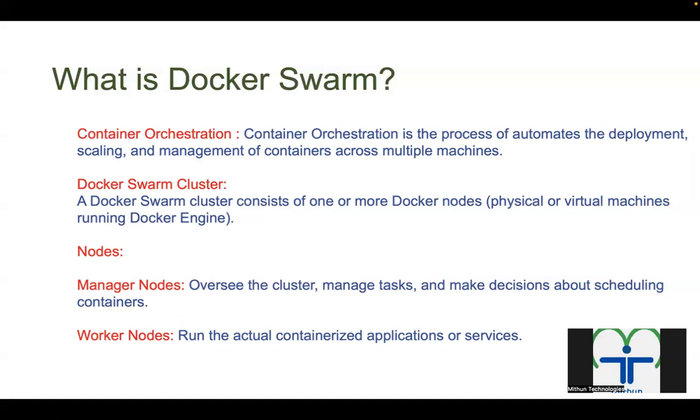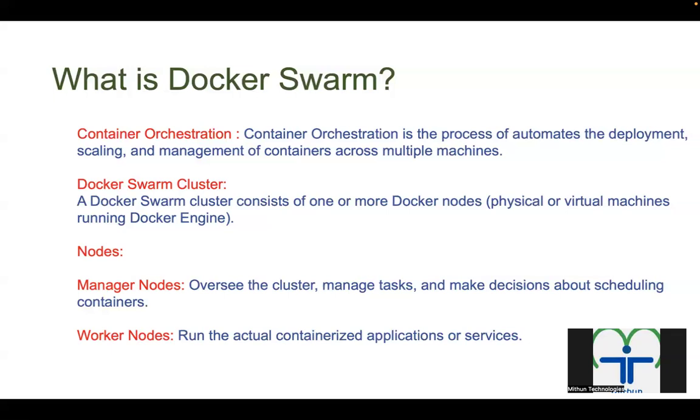But if you use Docker Swarm, we'll get high availability. Automatically, Docker Swarm is going to run the services across multiple nodes, right? And it ensures high availability and load balancing. Docker Swarm can automatically distribute the traffic across multiple instances of a service, improving performance and reliability.